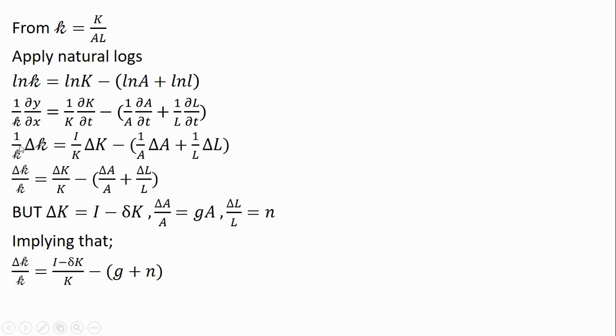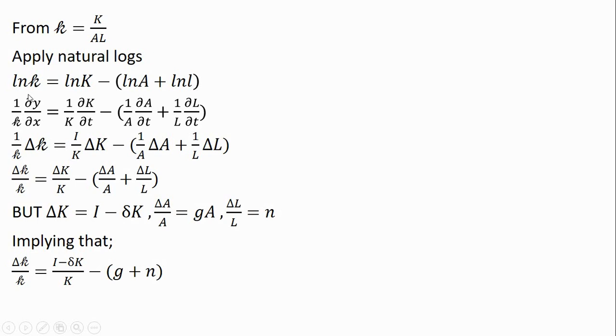We move on to another step. Now I told you this is just a typing error. This is supposed to be d kappa dt, not dy dx. That was a typing error. So we come up with something as 1 over kappa.